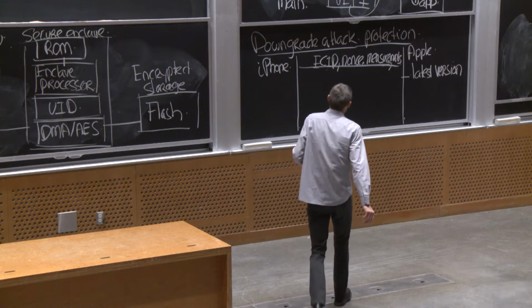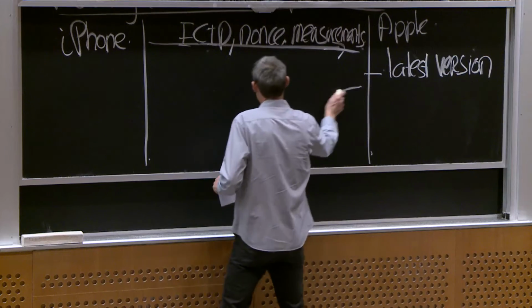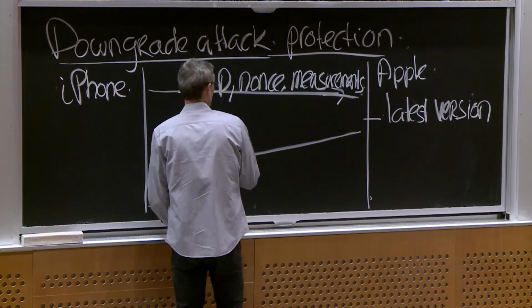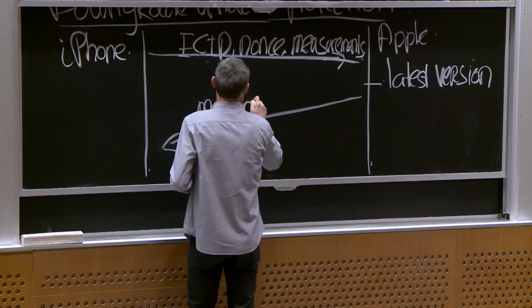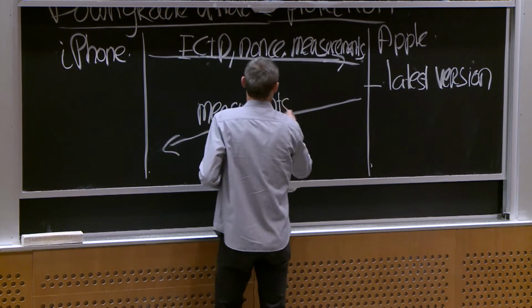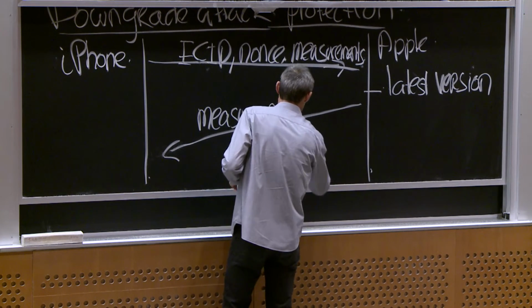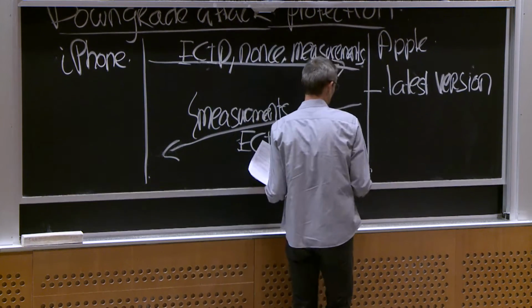And so what they send back, roughly, again, the details are slightly vague, is basically a message that contains the measurements, the ECID, and the nonce, all signed with Apple's private key.